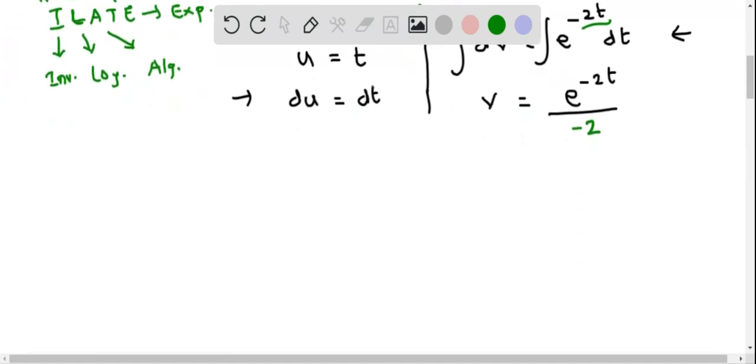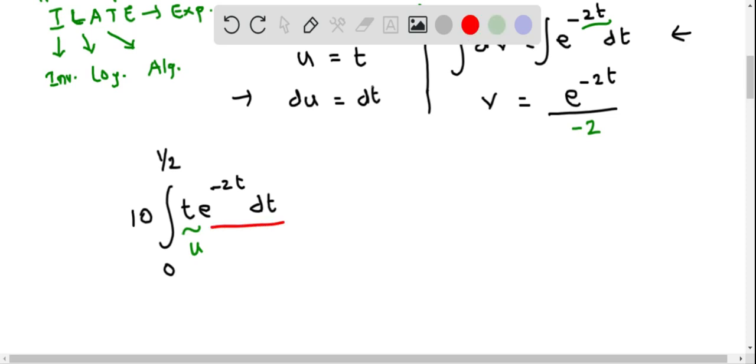So now let's evaluate this integral. I'm going to write down the original integral, that is 10 times the integral from 0 to half of t times e raised to the power of negative 2t dt. We have considered this t as u, and the remaining terms, that is e raised to the power of negative 2t dt, as dv.